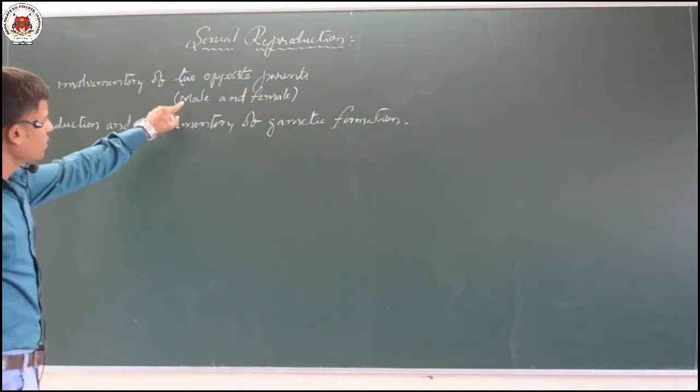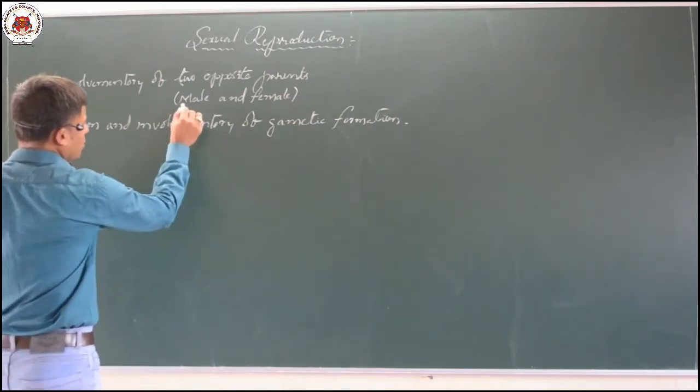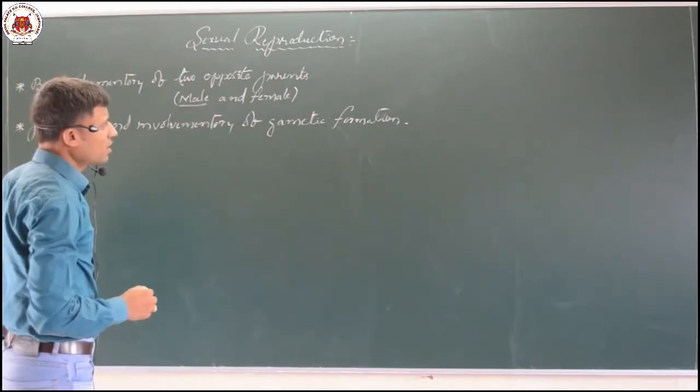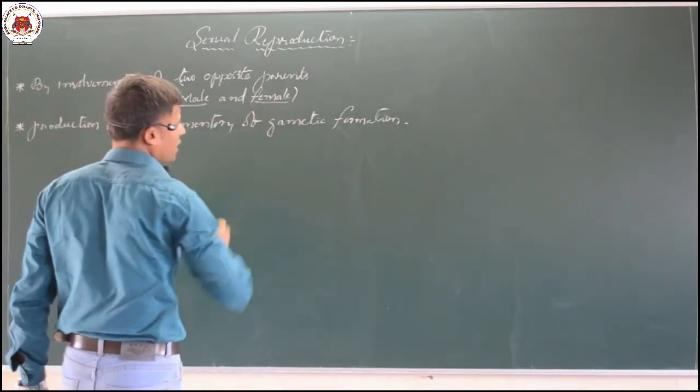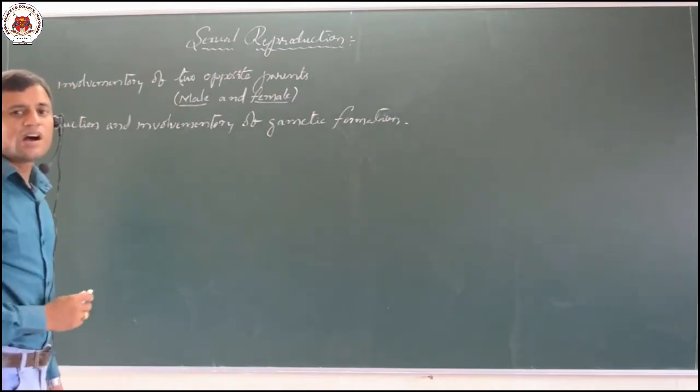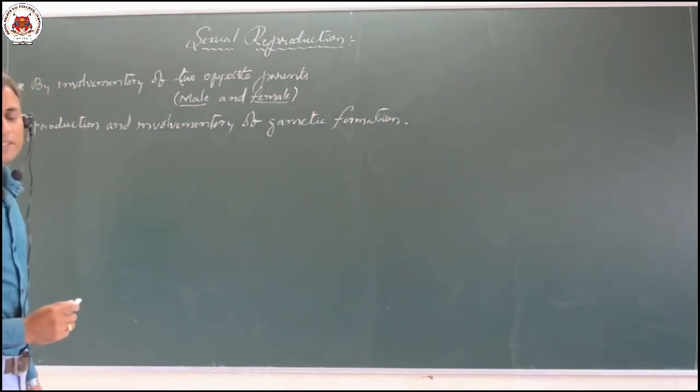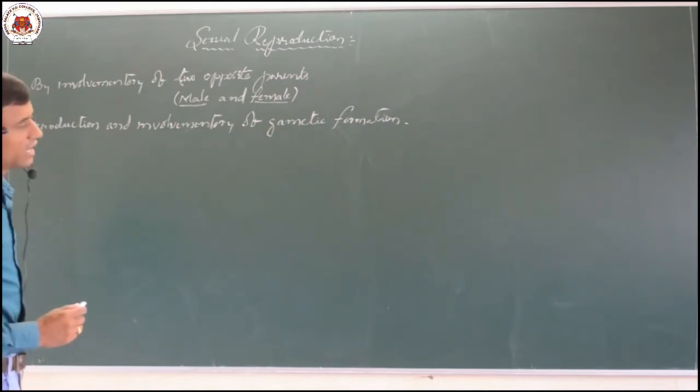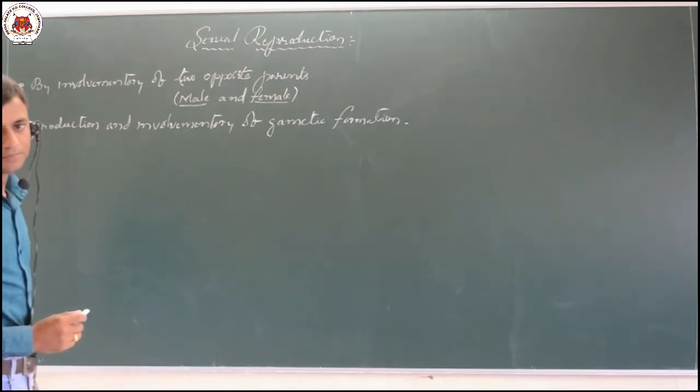Here the male individual produces male gametes and the female individual produces female gametes. It means this character of gamete production can be seen only in sexual reproduction.